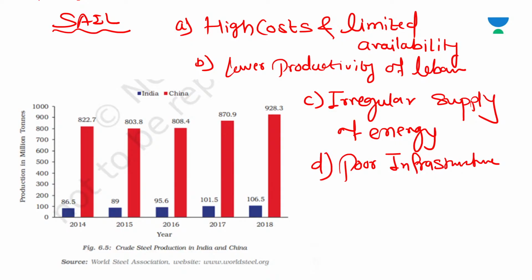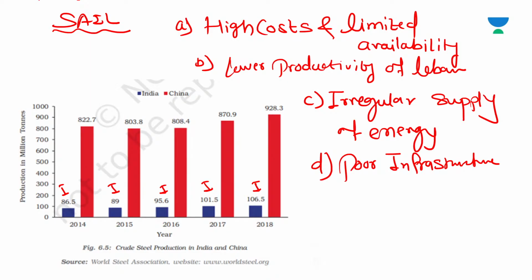So, the graph, or we can say the pie chart, where red columns show the production of China, whereas green is showing the production of India.